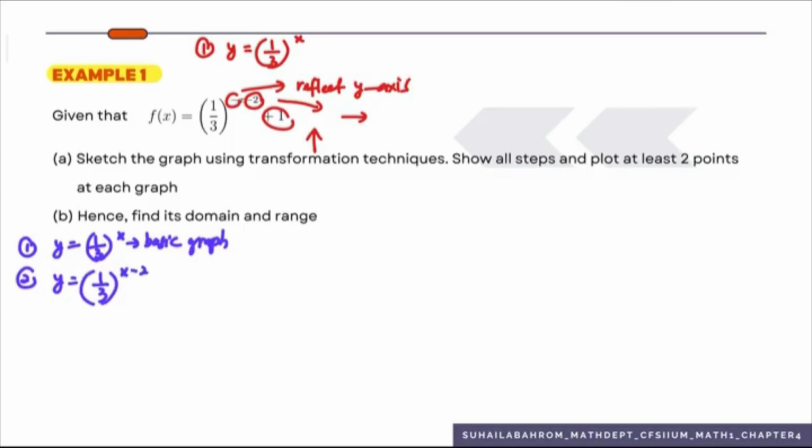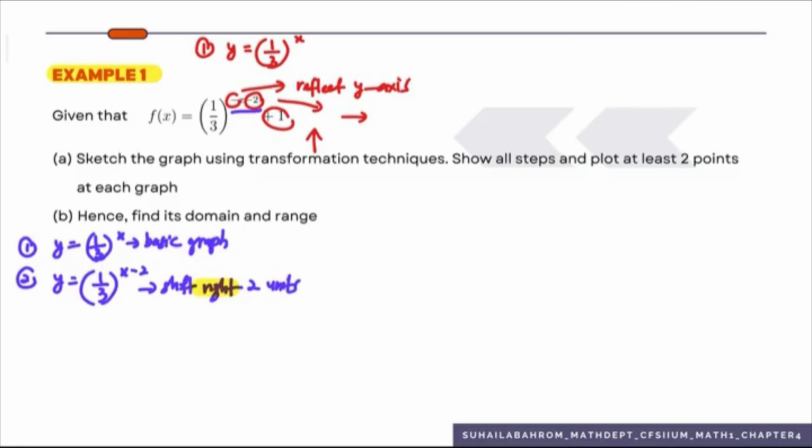Don't ever try to factorize the negative sign. You can just leave it as it is. In this case, we have negative x minus 2. Just leave it as negative x minus 2. So the transformation technique here is shift right 2 units. If you already put the word right, you don't have to put the word horizontal anymore.